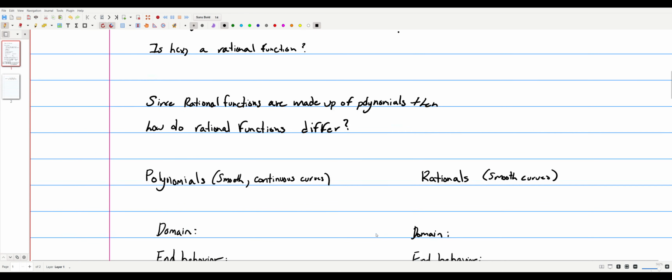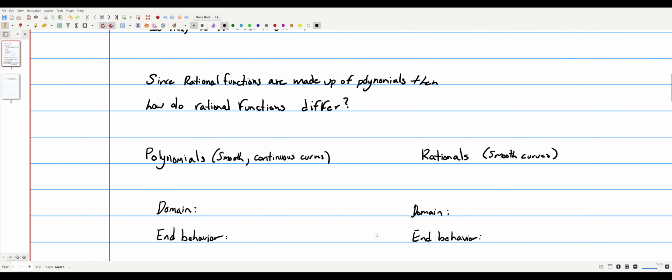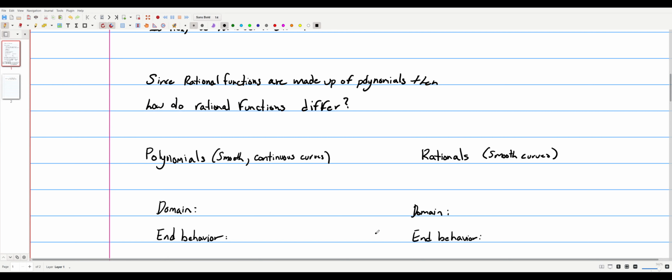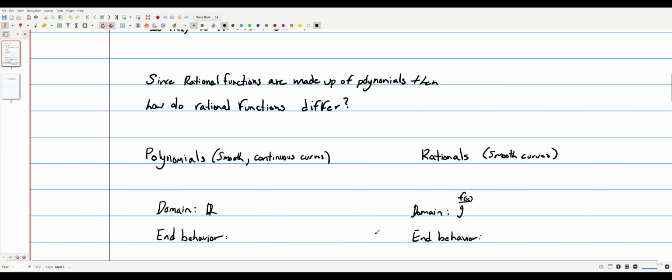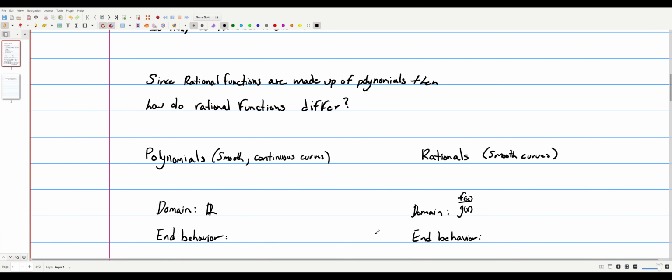Okay, so how do they differ? Well, for a polynomial function, we know that all polynomials have domain all real numbers, and that's because of the continuous part of our characteristic. Rational functions are made up of two polynomials being divided by one another, so the domain of a rational function is dictated by what's happening on the bottom.